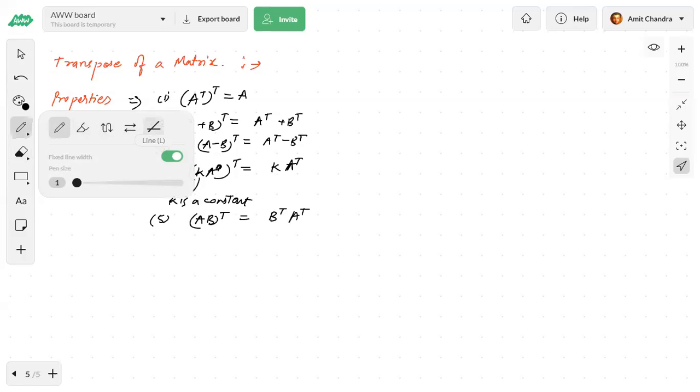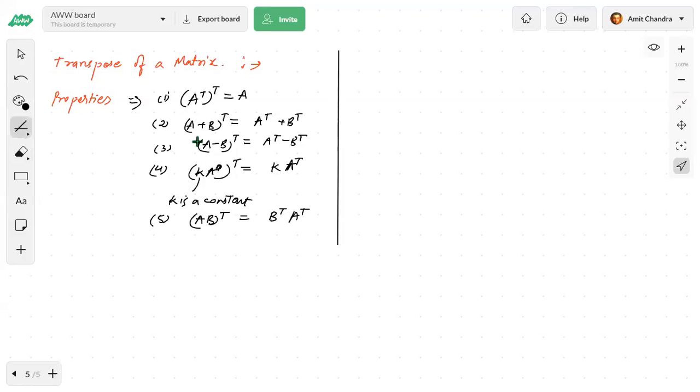We also know what symmetric and skew symmetric matrices are.